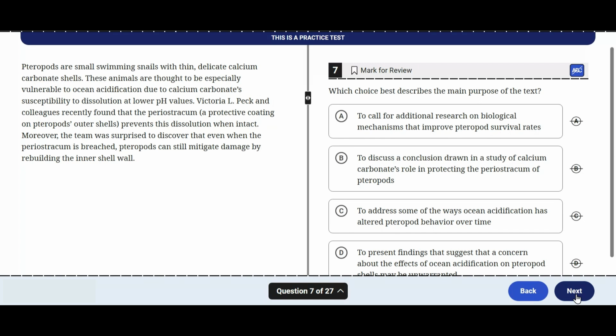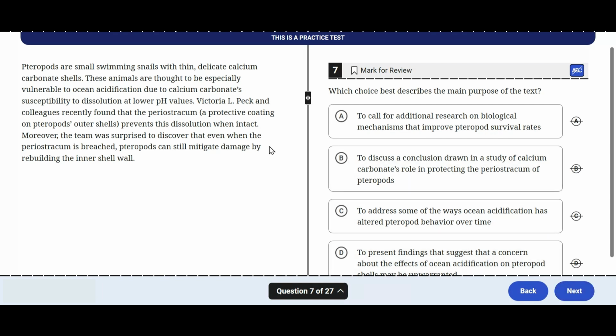Victoria L. Peck and colleagues recently found that periostracum, I've totally butchered that word, a protective coating on pteropods' outer shells, prevents this dissolution when intact. Moreover, the team was surprised to discover that even when the periostracum is breached, pteropods can still mitigate damage by rebuilding this inner shell wall.